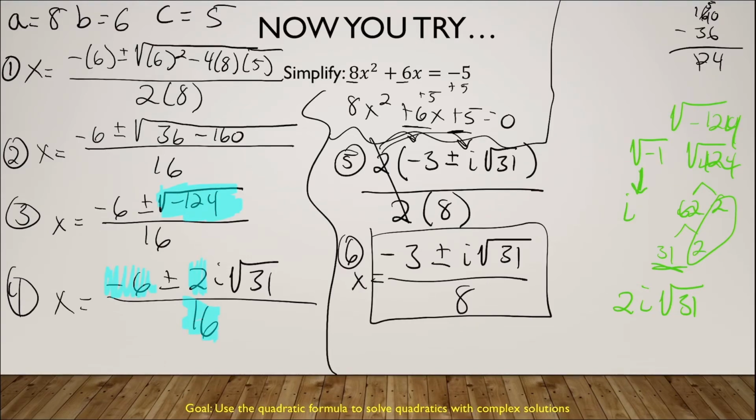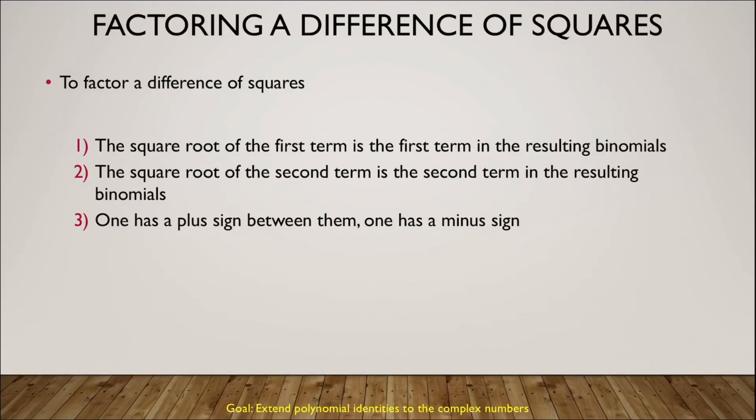Now remember, we've done factoring of difference of squares. It would be something like x squared minus 25. The square root of the first term is the first term in the resulting binomial. So we have 2 perfect squares. We first take the square root of each of the terms.